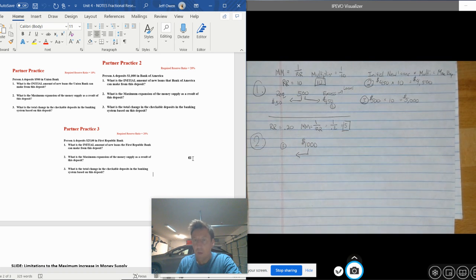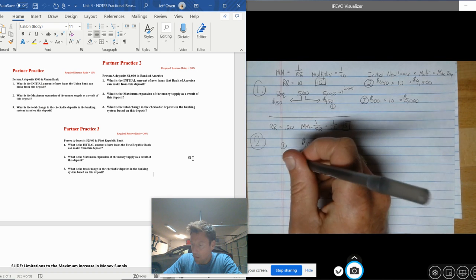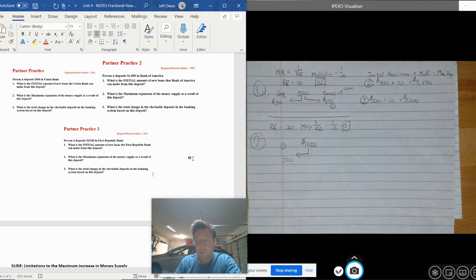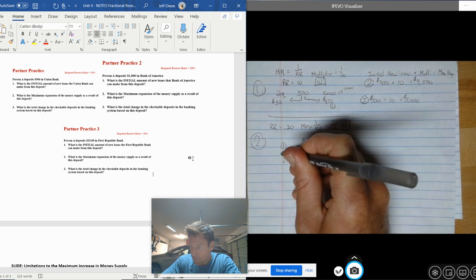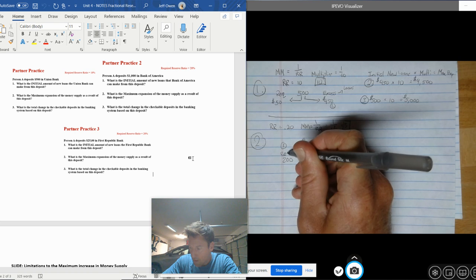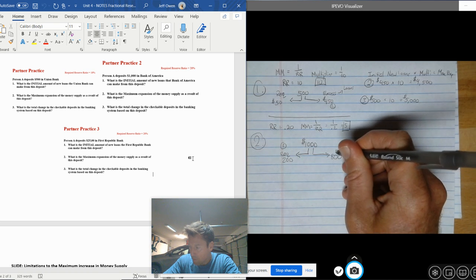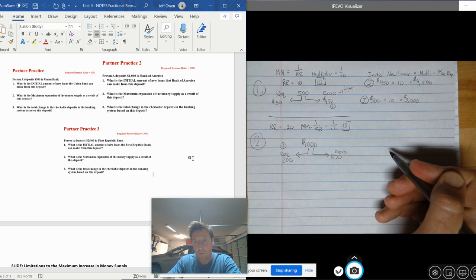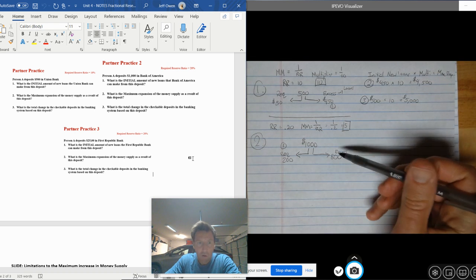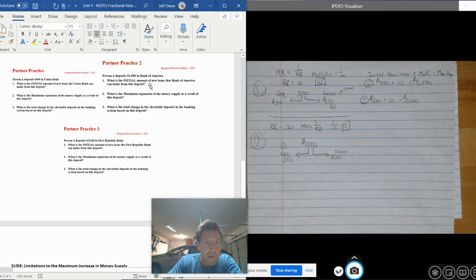Required by law, the bank is going to have to hold on to 20%. 20% of 1,000 is $200. And so this goes into the required reserves. This would go into excess reserves. Excess reserves can become new loans. New loans are new money. So this one says, what is the initial amount of new loans that Bank of America can make from this deposit? $800.